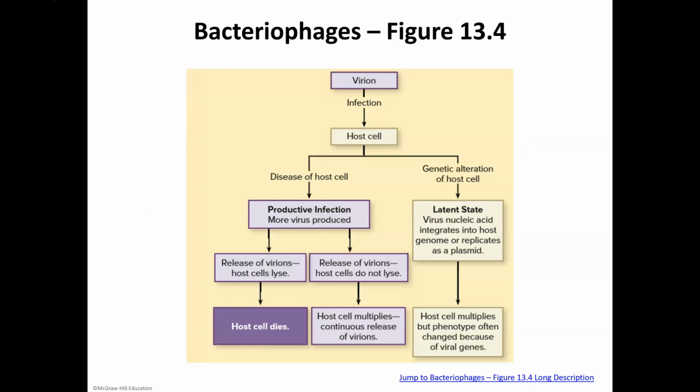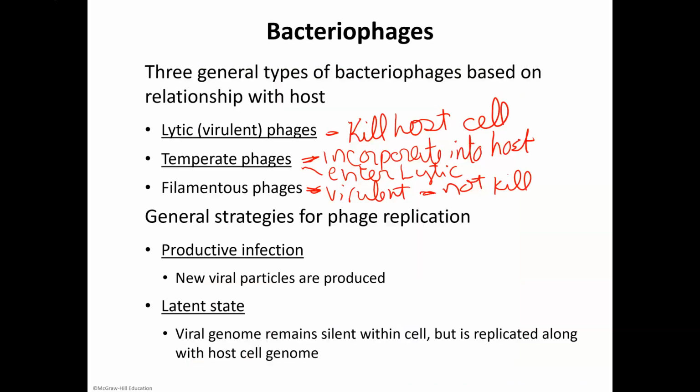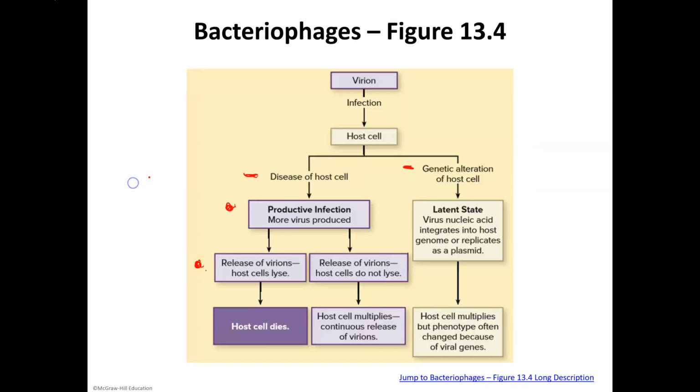And so this is just looking at if you have a productive disease over here or if you have that latent state. If you have a disease, you're producing more viruses, and those viruses will eventually lyse out of the host and the cell will die. In this filamentous phage, you're going to also release viruses, but the cell doesn't die, it just replicates, causing disease.